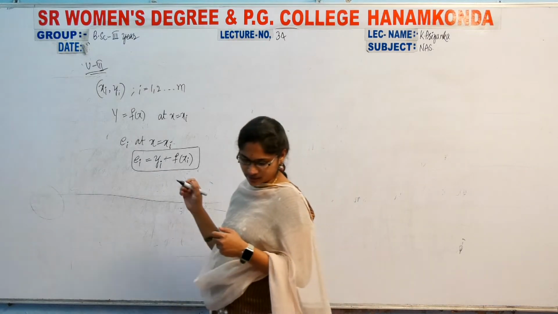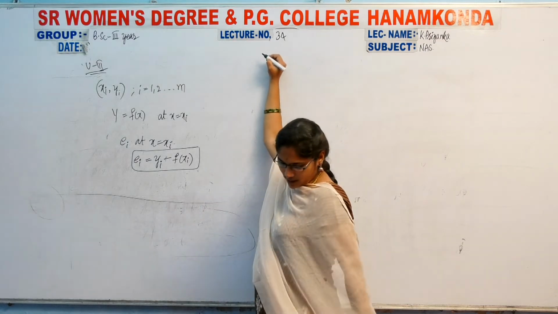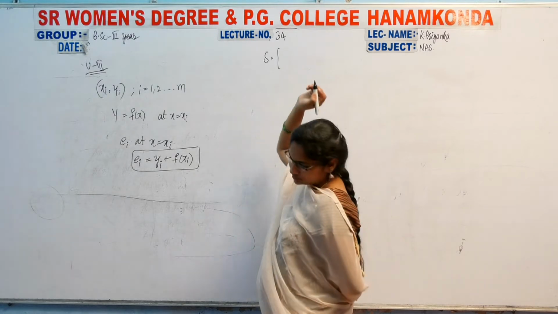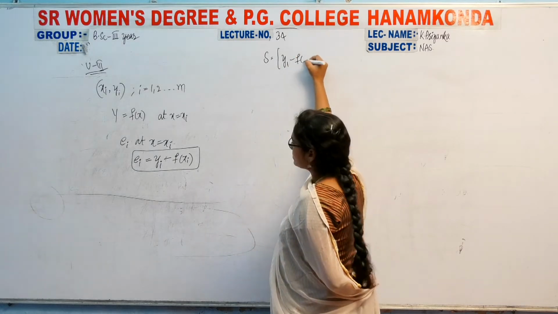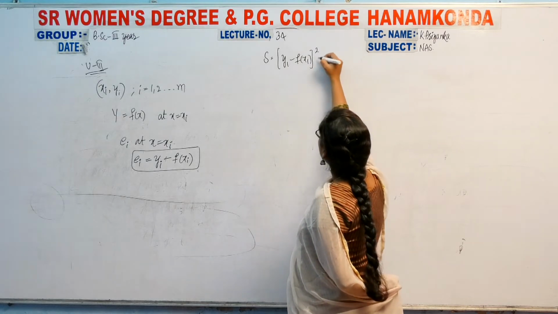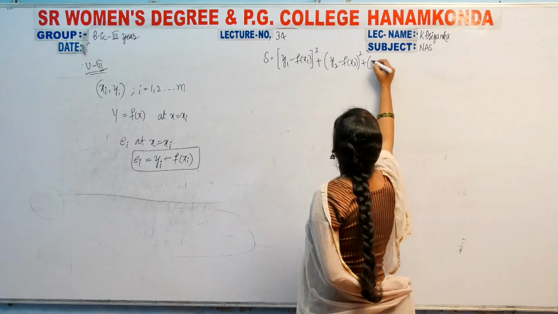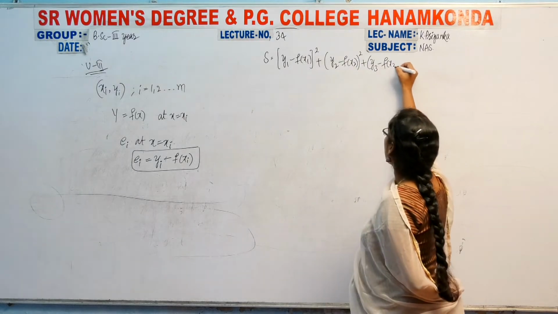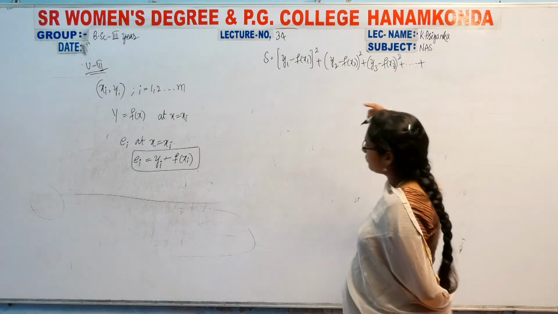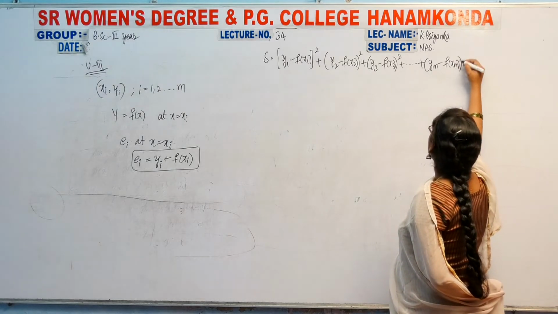Now write, if we write s equal to, the value of s is nothing but y1 minus f of x1 whole square plus y2 minus f of x2 whole square plus y3 minus f of x3 whole square plus so on, plus the last value, ym minus f of xm whole square.